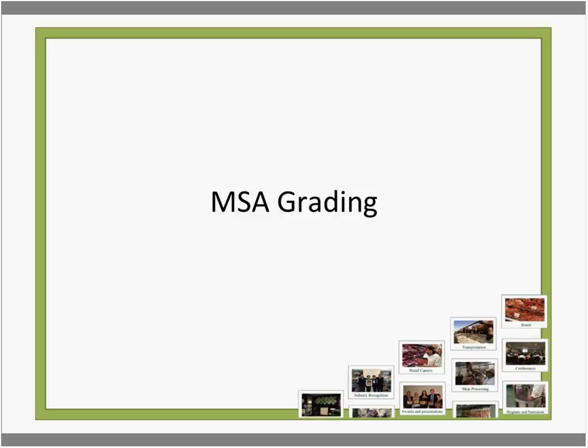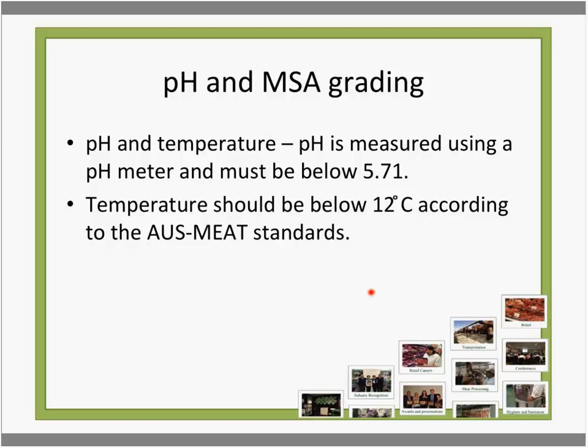Obviously, at the end of the process, they do their MSA grading, and we're looking for a pH that's below 5.71 to classify as MSA, and at a temperature that's less than 12 degrees.